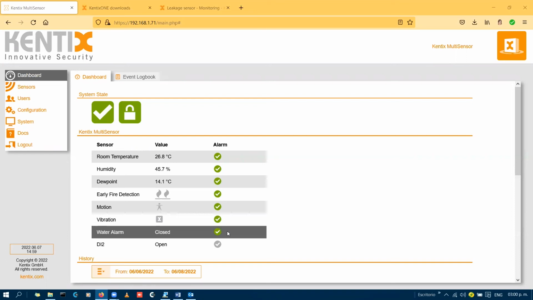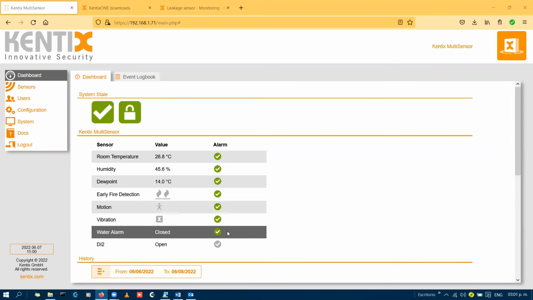You see how fast it went to green because I took it out. Now I am going to put it back in the water container. It alarms, and then I will take it out, and it went green. So you have it here.